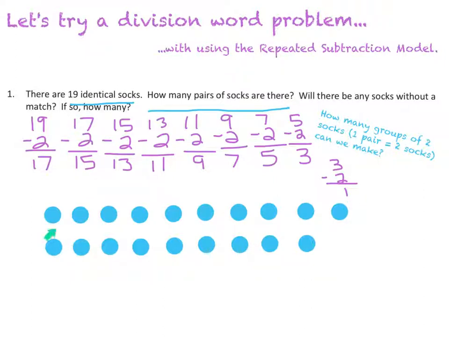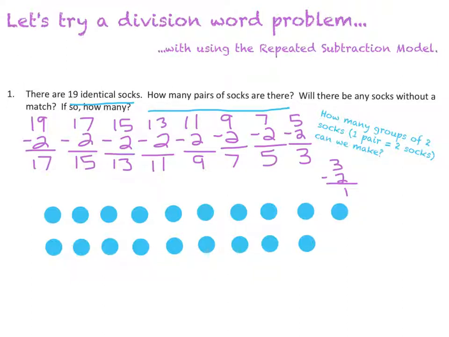Let's take a look at these blue dots and let's visually think of them as identical socks. Let's draw a circle around our diagram to show what we did in our mathematical sentence.